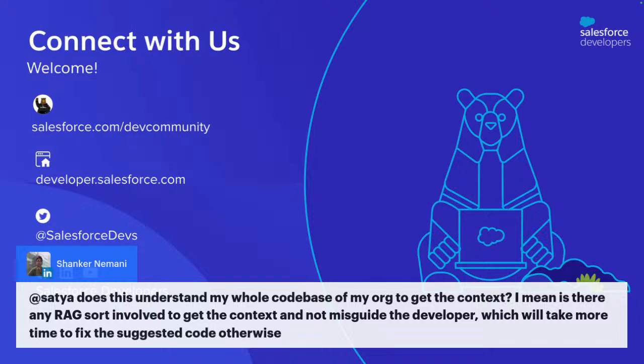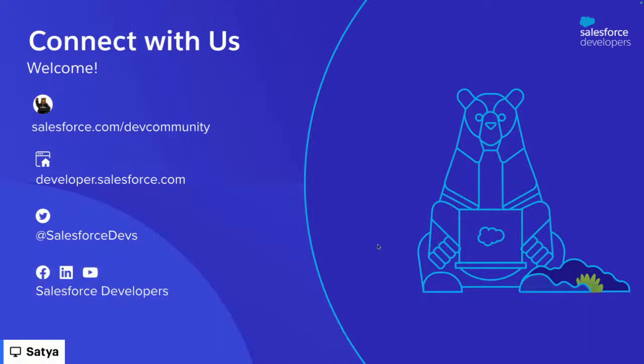It's also one of the best practices to refresh the SObjects so that it also has the context of the objects available in your org. So while you are writing the code, it's going to consider your code base, and it's also going to consider the objects that are there in your org when you do the refresh objects.